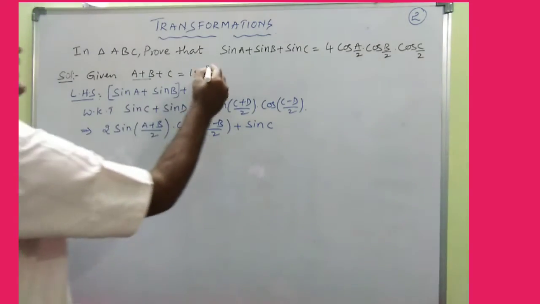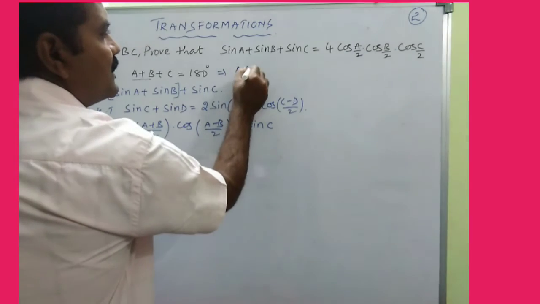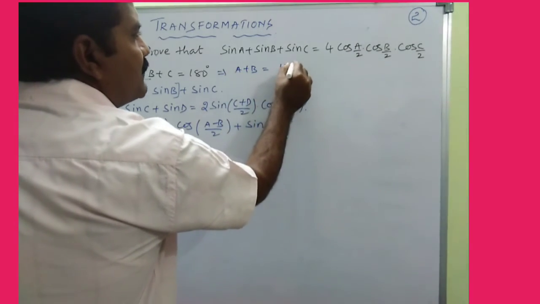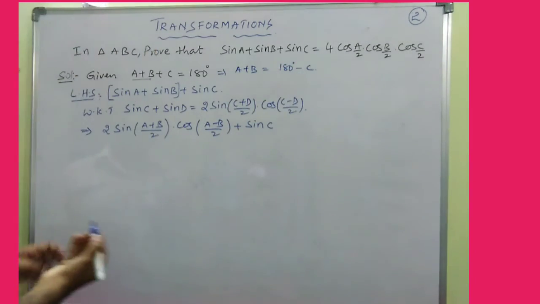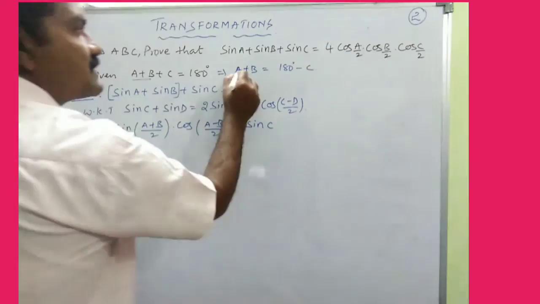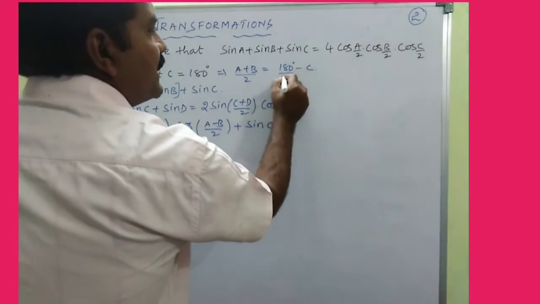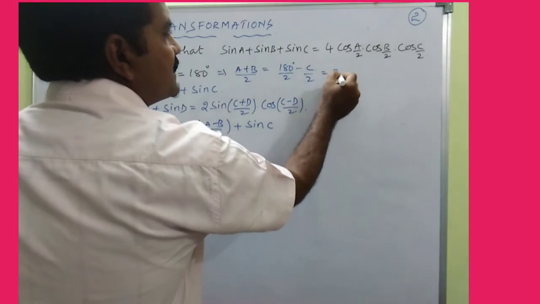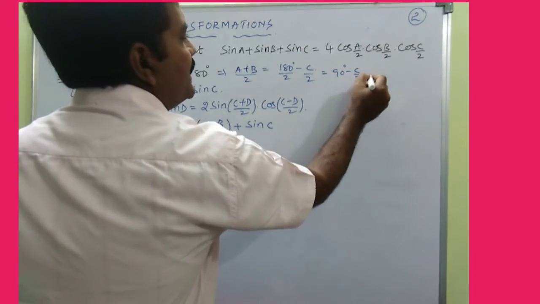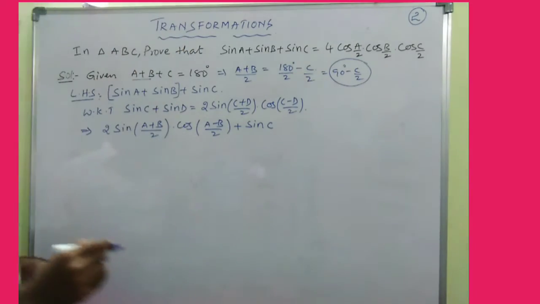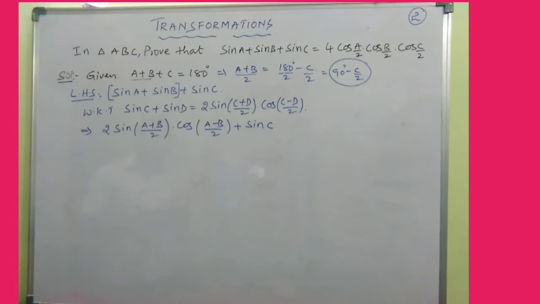From this, A plus B is equal to 180 minus C. This is what we did till now. But now the angle is (A plus B)/2, which is equal to 90 minus C by 2. Earlier we used to write 180 minus something, but now you have to write 90 minus something.